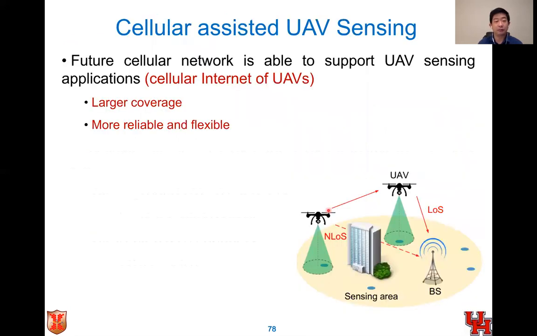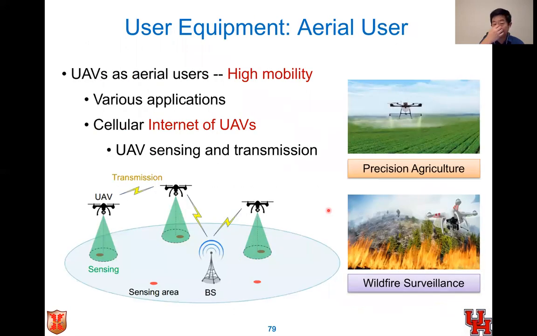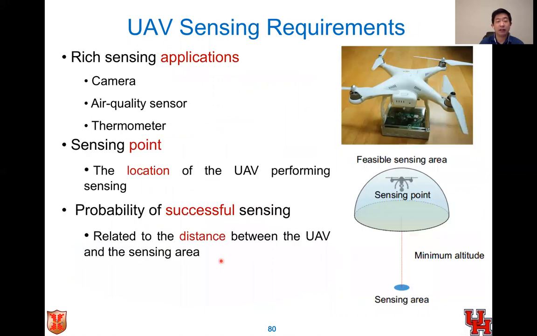And then you will have the UAV assisted sensing. The UAV will try to sense at different places and then try to increase the coverage of the sensing area. And for UAVs, they can do this kind of sensing for agriculture and wildfire, in Australia for example. Here, this is a UAV developed by Beijing University, and they have a camera and we put an air quality sensor on it, so that they can sense the different places.